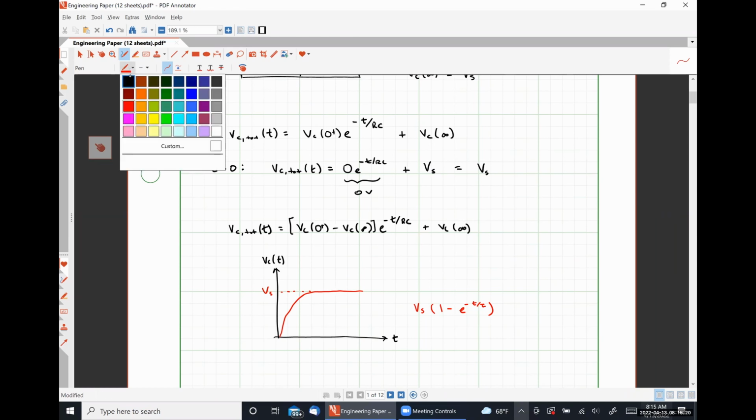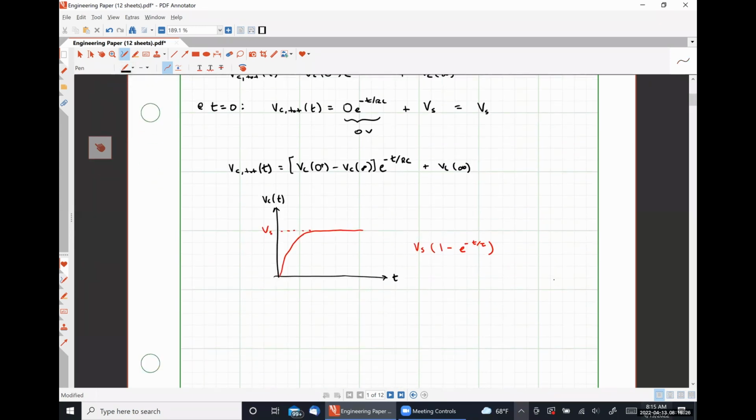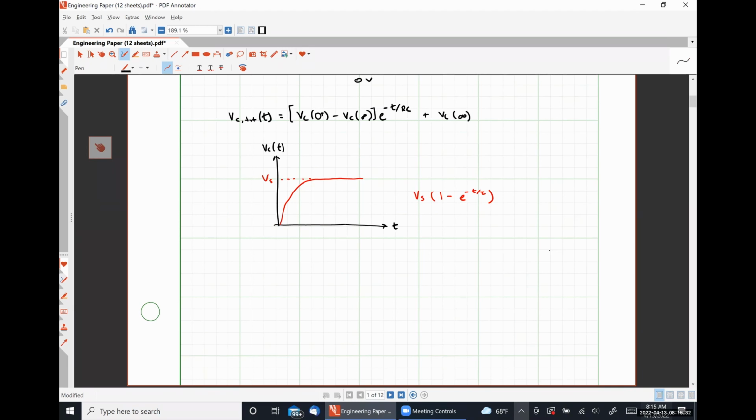So with the understanding that we need to slightly modify our natural response in order to make this a continuous function, we're now going to have a new generic equation that we can apply to all first order circuits.